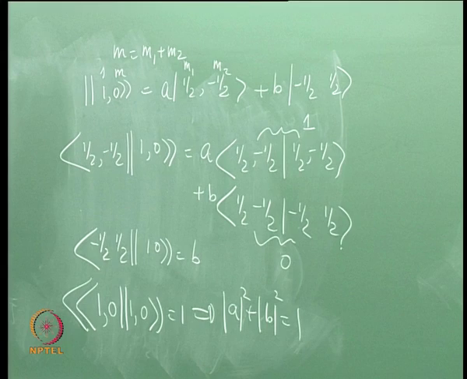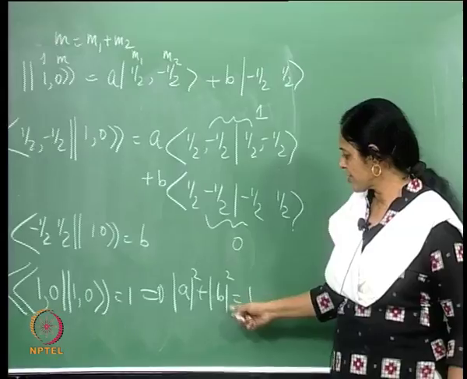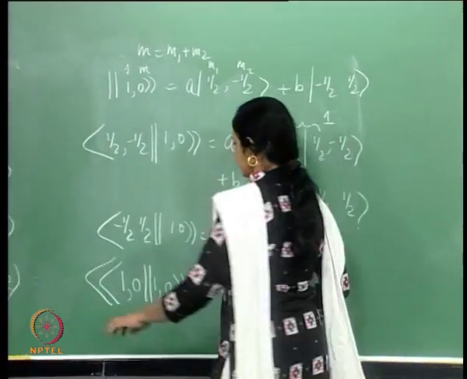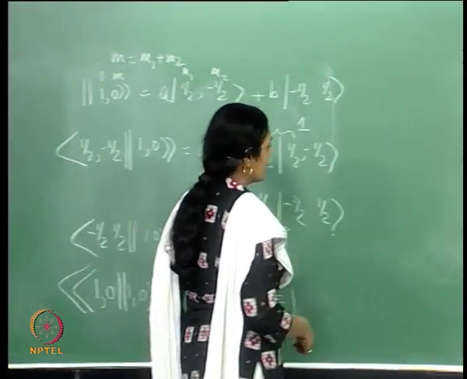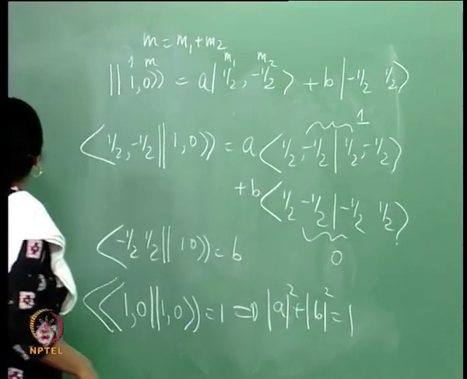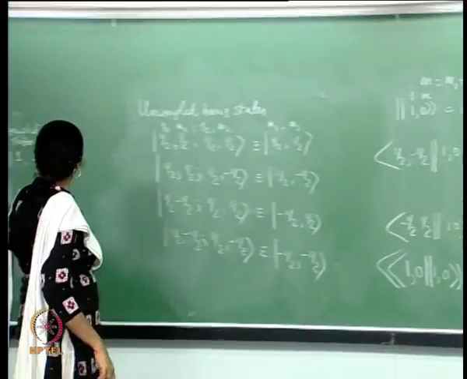A and B are referred to as Clebsch-Gordan coefficients, or the CG coefficients for short, and they satisfy the following relation. Now, suppose we look at the state 1 comma 1.